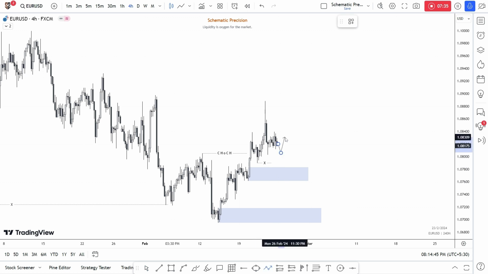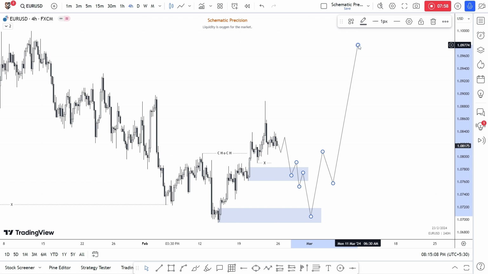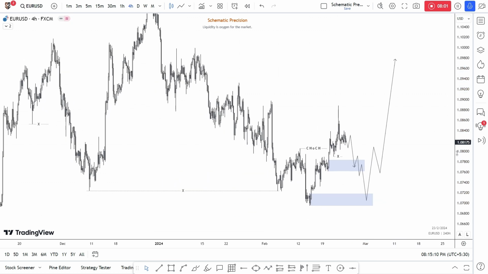We can take a short term short trade till this decisional POI, and we'll see the reaction here on the smaller time frame for the longs. If this holds, it's good. If it doesn't hold and it breaks down, then we'll wait for this POI so we can continue the buy trend to the highs.